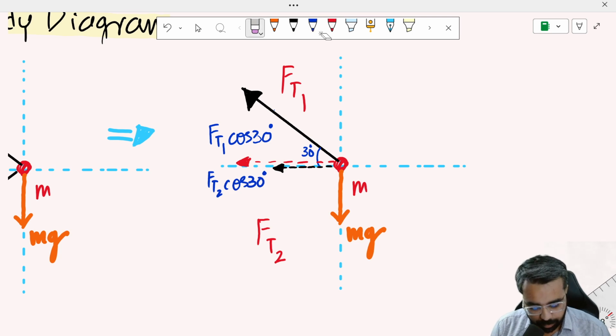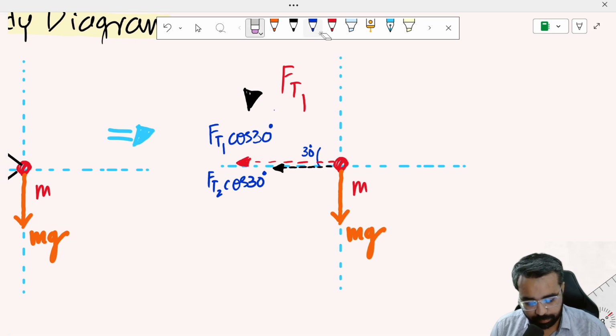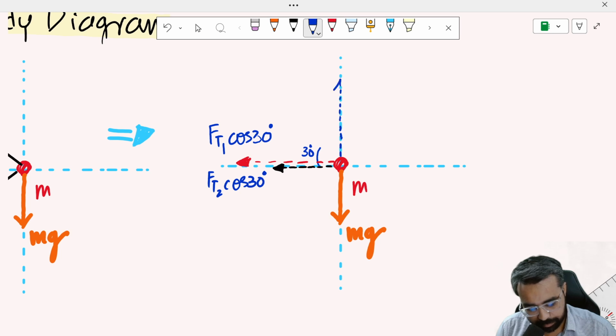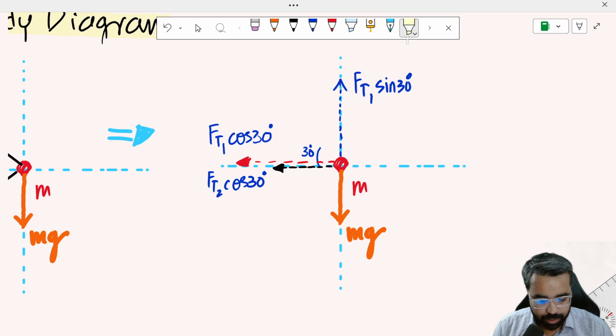And that's why I'm going to erase this, because we have resolved it into its components. What about their y components? If I draw the y component, this is FT1 sine 30 degrees, which must obviously be more than the weight. Why?